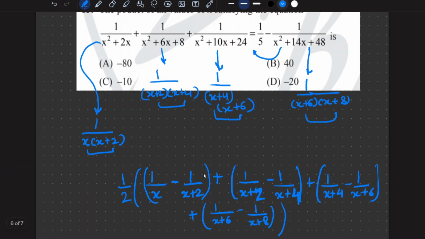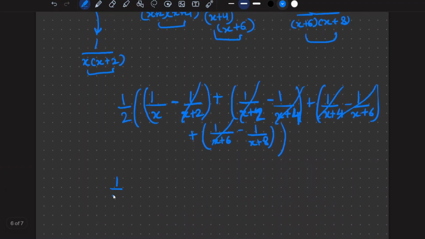Don't you get the feel of a telescopic series? These cancel out, these cancel out, these cancel out. Now ultimately you will be left with 1 by 2 times (1 by x minus 1 by (x plus 8)).